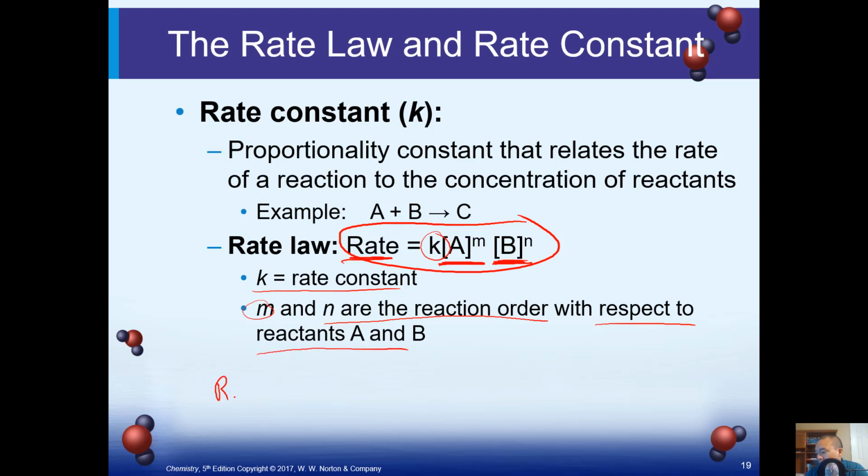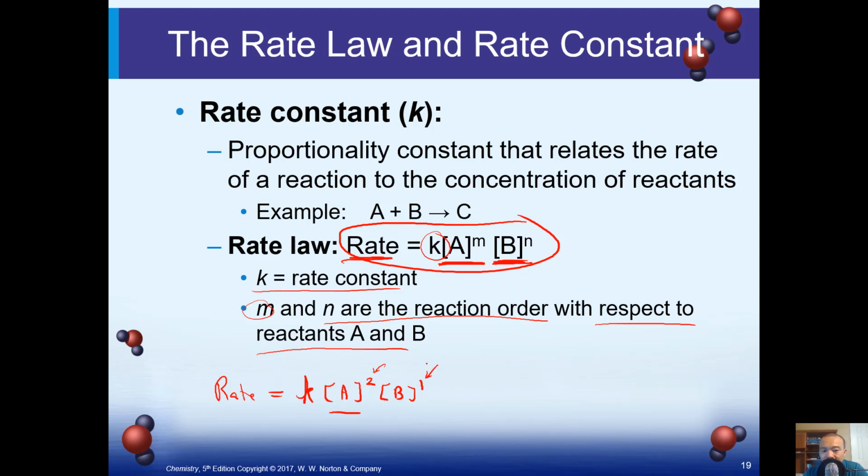For example, if a rate law is expressed as K times A raised to 2 and B raised to 1, then we can say the rate order or reaction order with respect to concentration A is 2, and the rate order or reaction order with respect to B concentration is 1.